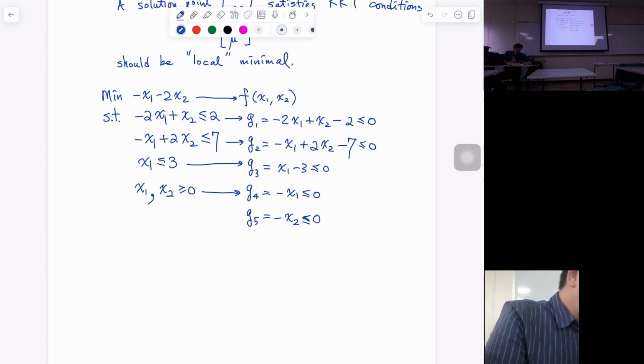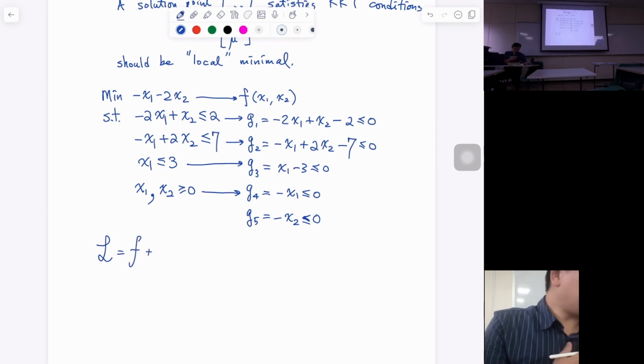And then I will need to figure out what are the... I need to formulate the so-called Lagrangian. So in this case, my Lagrangian would be f. I don't have equality, so I only have all the inequality ones.